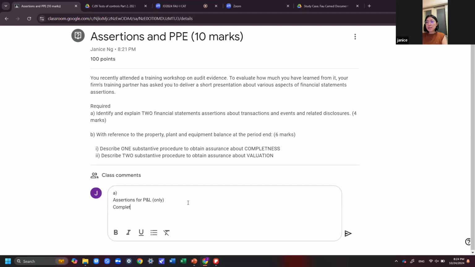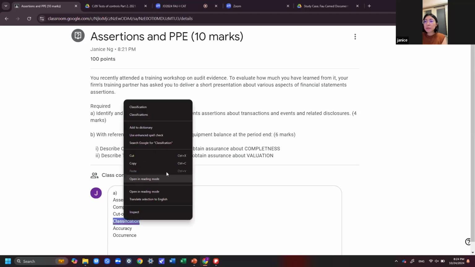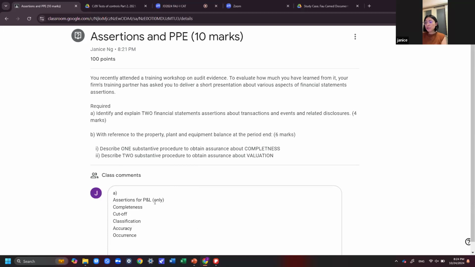There's completeness. There's what else? You need to explain too. The cutoff, classification, accuracy, occurrence, right? We can do, what does completeness mean, right?